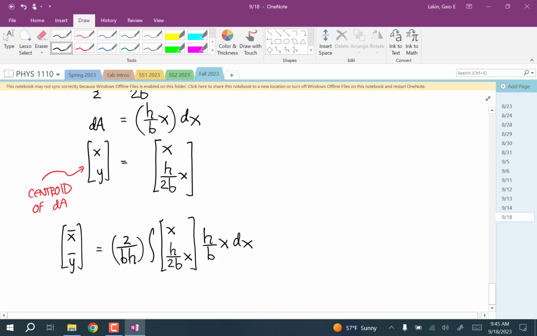And since this is all in terms of our variable x, what are the bounds of our integration going to be? 0 to b. 0 to b, perfect.